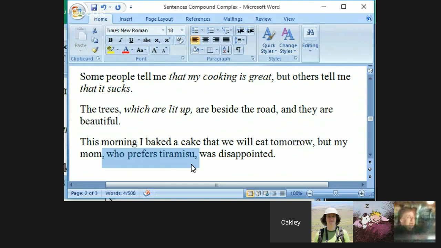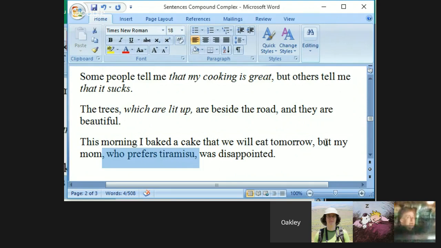If I remove it, does it change the basic meaning? My mom was disappointed. If I can remove it and really the message is the same, then it is non-essential. In that case, I need the commas.